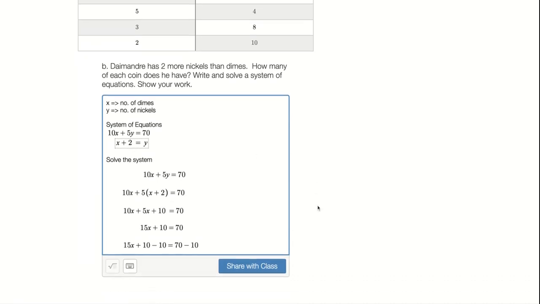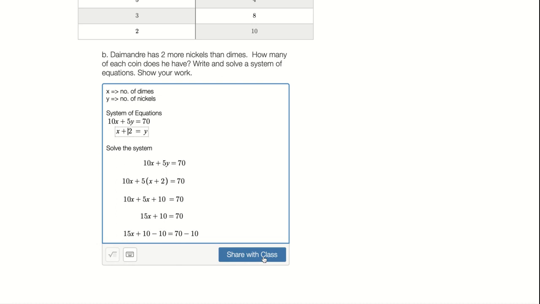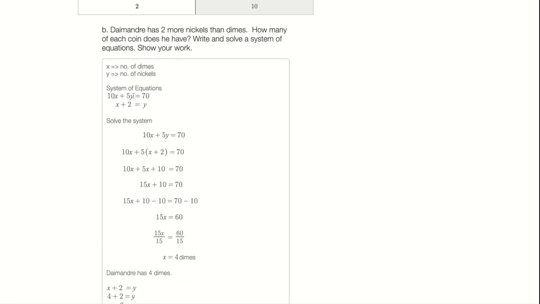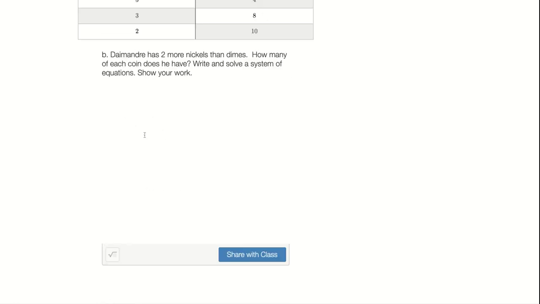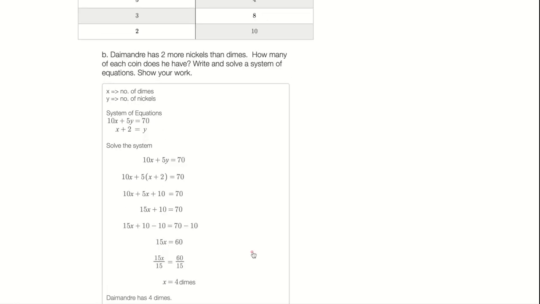Okay. So now we have 2 equations and we can use these equations to solve a system. The first equation is right here, 10x plus 5y equals 70. The second equation is already set up perfectly for substitution.